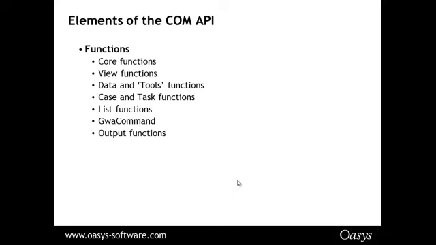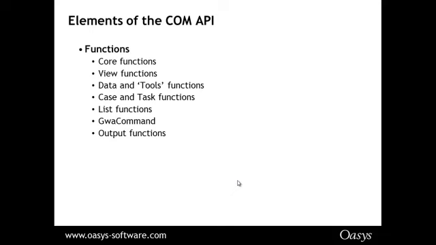Case and task functions are to do with analysis cases and analysis tasks: enumerating analysis tasks, querying task case relationships, querying if a particular task has results, deleting them, and so on, and also analyzing tasks.